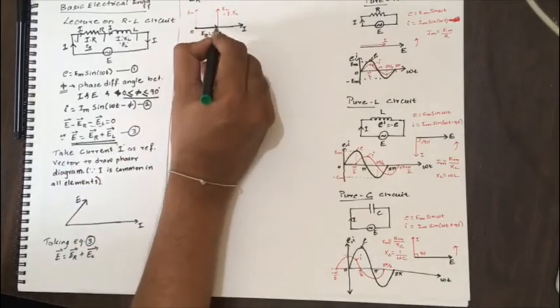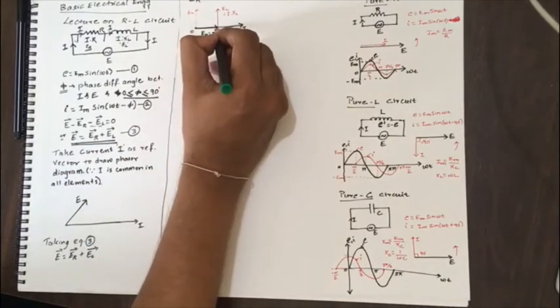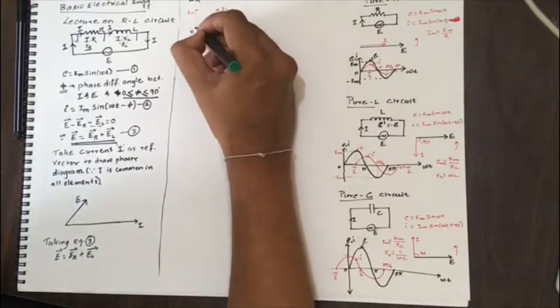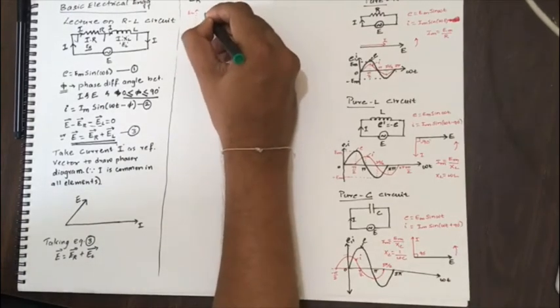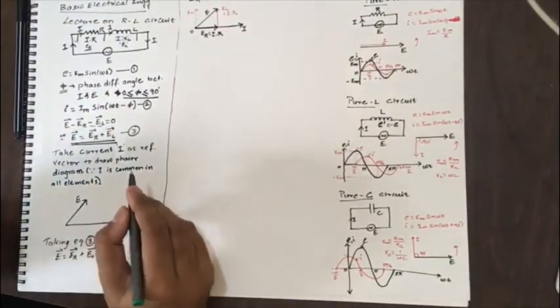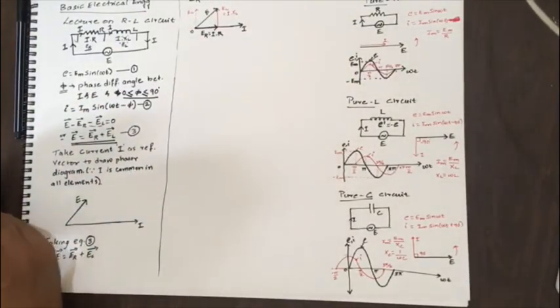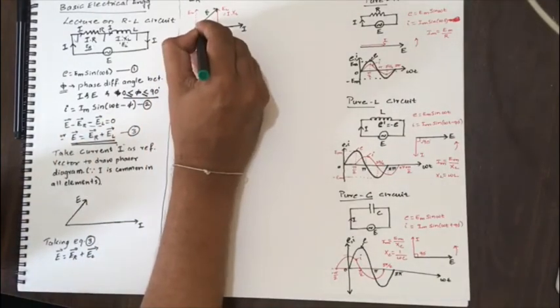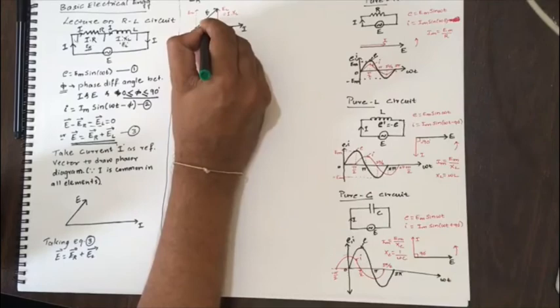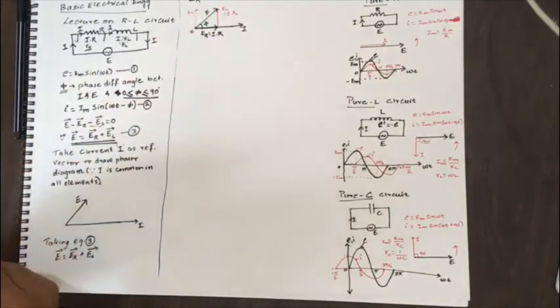Now, this is vector ER, this is vector EL. Now, the vector sum is given as E. This is vector E, and the angle between E and I, represent it as phi.